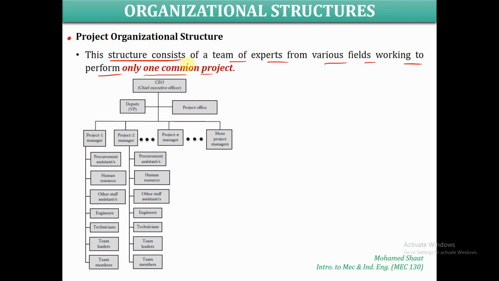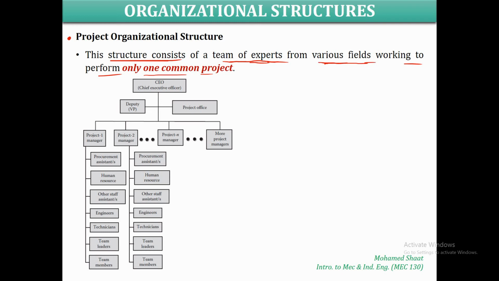So that's why they are working together, and they are experts of different fields. This is a condition: we should have a team of expertise with different backgrounds. Like you're going to find civil engineers, mechanical engineers, and electrical engineers working in a project organization.